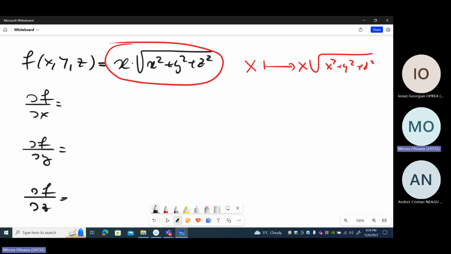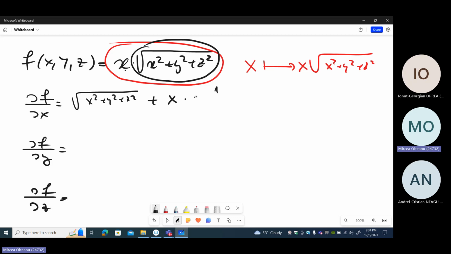In this case, we have a product. So the derivative with respect to x will be the derivative of x, which is 1, times the square root of x squared plus y squared plus z squared, plus x, not derived, times the derivative of this expression with respect to x.